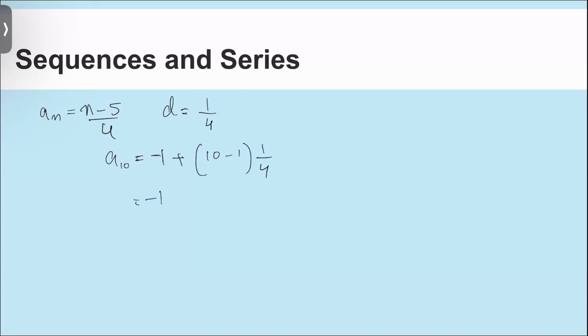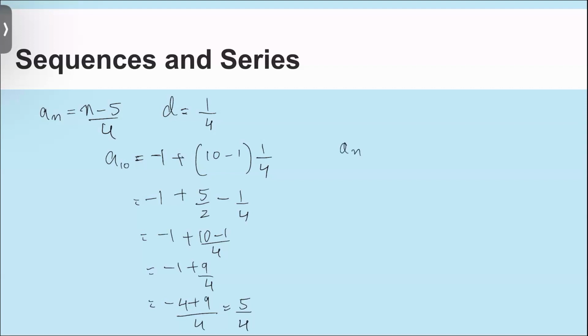So you can easily get this as minus 1 plus 9 by 4, which is minus 4 plus 9 by 4. So that is 5 by 4. Let's see if it's the same thing over here when n is 10: 10 minus 5 by 4. So that is again 5 by 4.